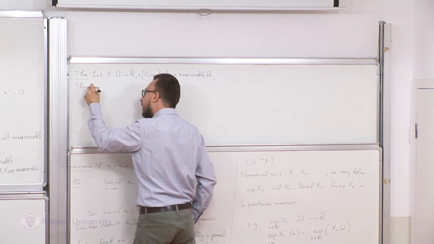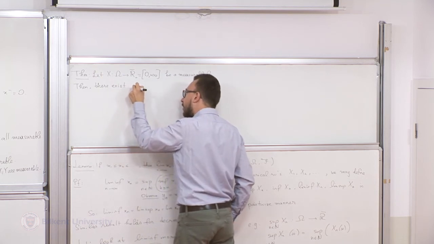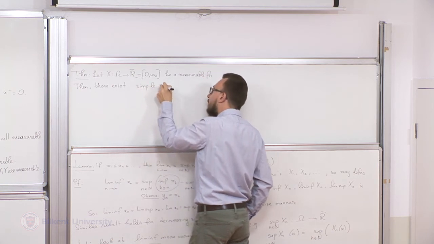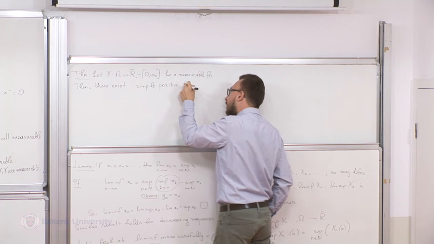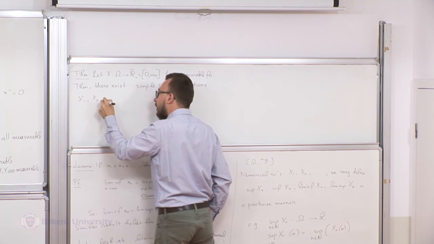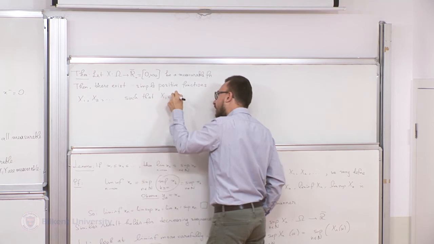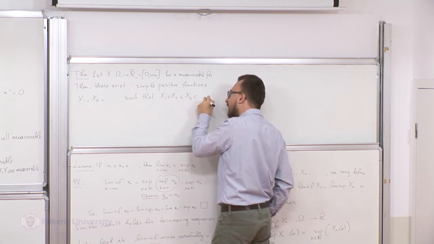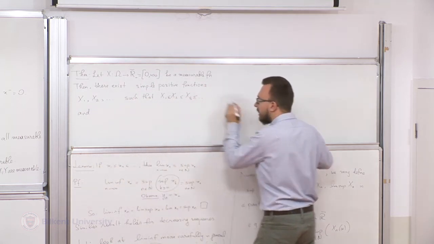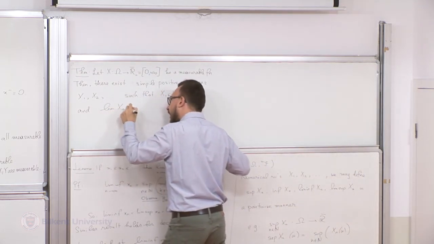Then there exist simple positive functions X1, X2, etc., such that X1 is less than X2 is less than X3, etc. And so if we have X1 less than X2 less than X3, etc., for sure the limit exists. What we are claiming is that the limit is also X itself.